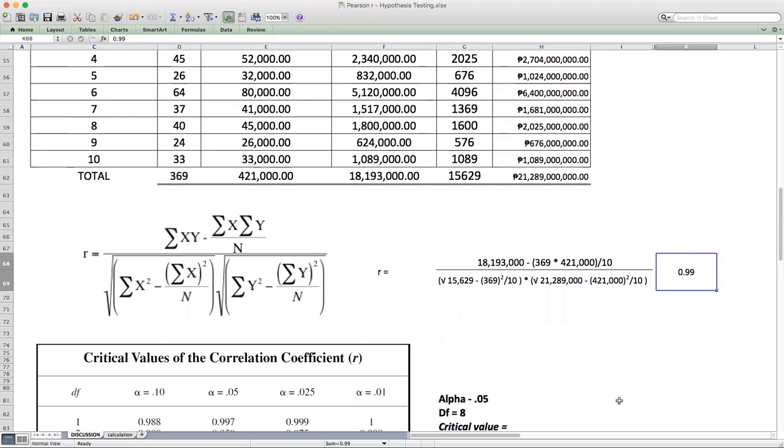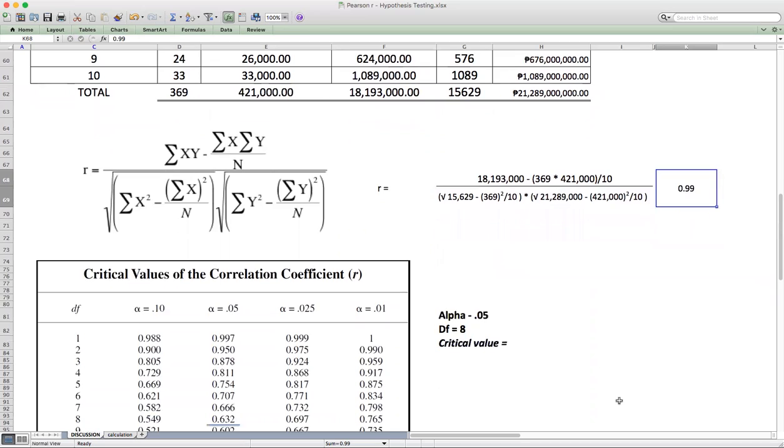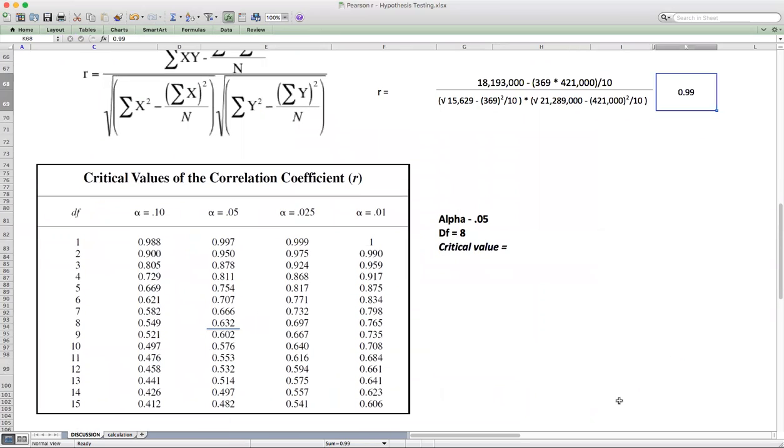Next, we need to find the critical value. For the critical value, we have to use the degrees of freedom, which from our calculation, we have arrived at 8 as our degrees of freedom, and we have stated our alpha as 0.05.